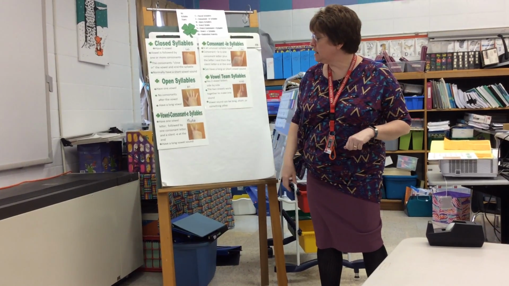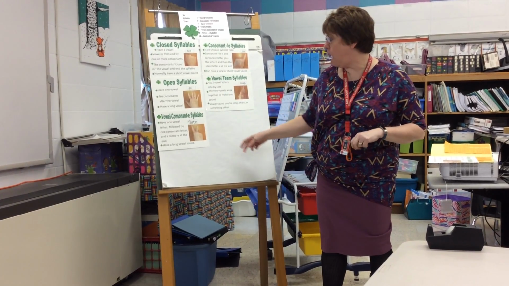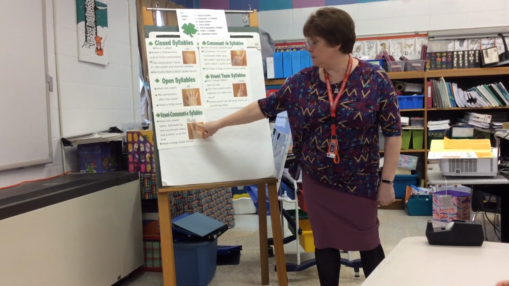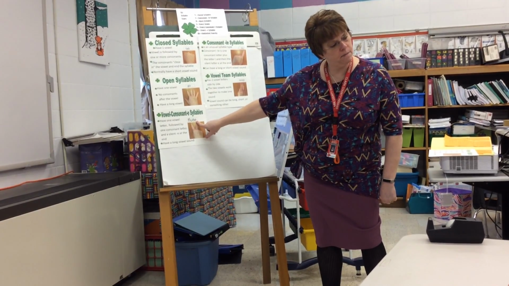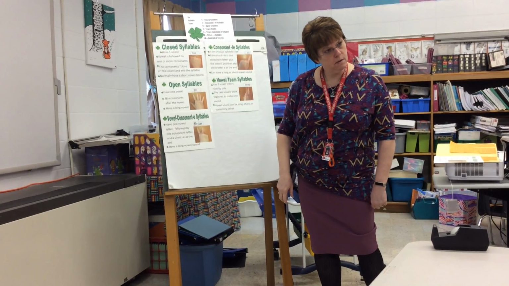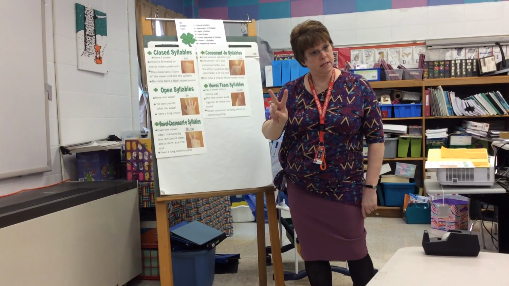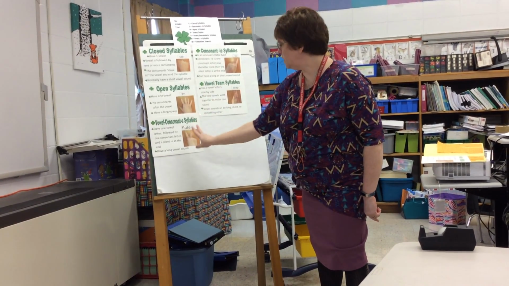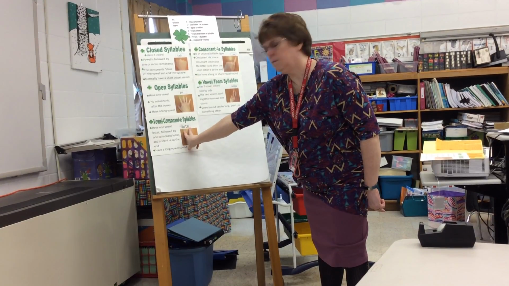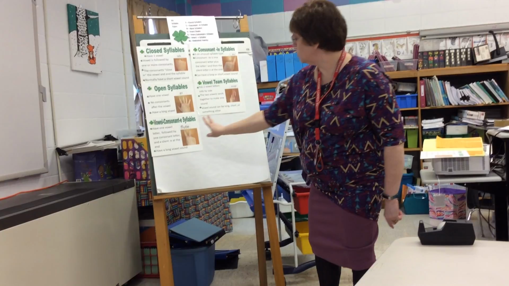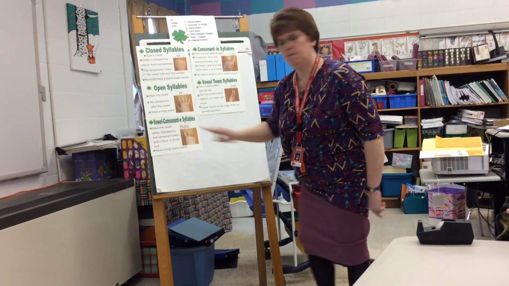And vowel consonant E's have one vowel letter followed by a consonant followed by a silent E. They're going to make a long vowel sound. Our gesture is the peace sign, and we put our fingers under the vowels. Okay? Show me the gesture. Okay. And it goes right under the vowels.